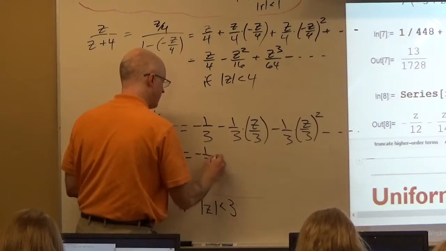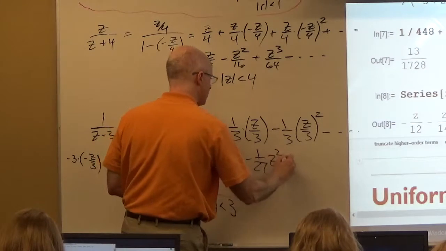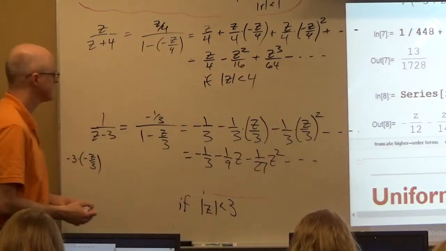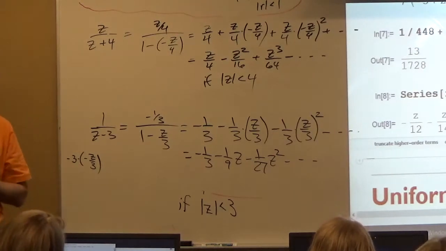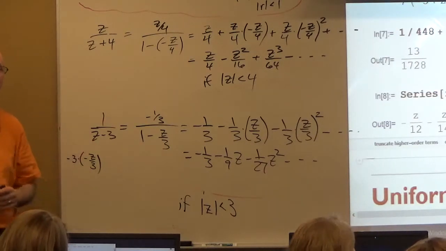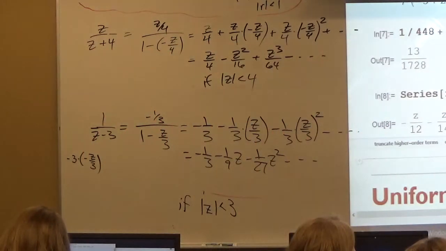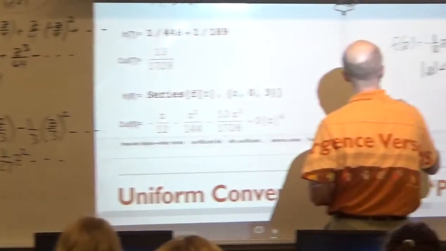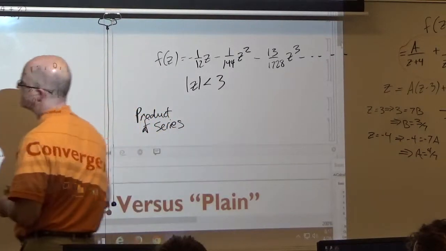Simplifies to negative 1/3 minus 1/9 z minus 1/27 z squared. If the modulus of z is less than 3, let's now multiply these series. The book calls this a quotient product, which is just a formal description of how to multiply series, even if you're ignoring issues of convergence. But you don't have to memorize the formula for the quotient product. Instead, you can just think about it here. Product of the series. Here's the way I would think about it.